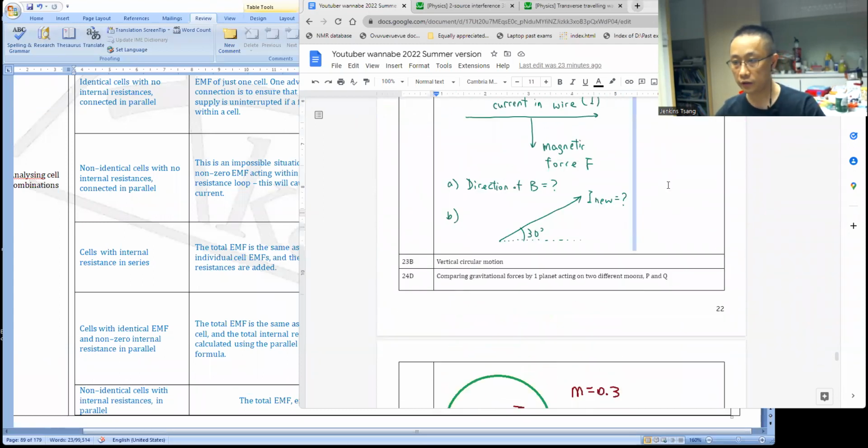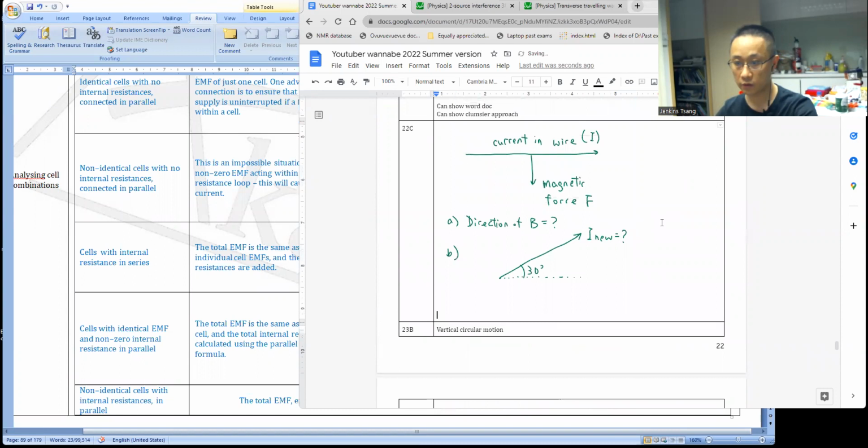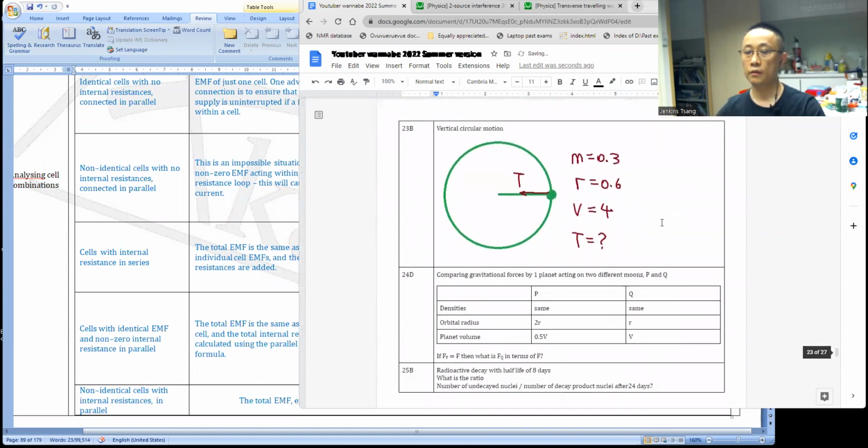Question 23 now, hang on, there's some formatting issues. So they portray a vertical circular motion situation with a ball attached to a string with the relevant quantities shown here. Turns out this is just a simple application of mv squared over r.